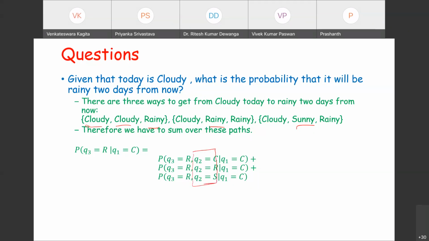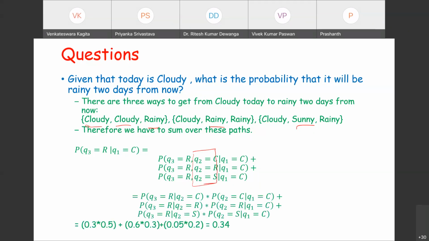So can you compute this? Isn't it equal to probability of Q3 rainy given Q2 cloudy times probability of Q2 cloudy given Q1 cloudy? In a similar way you can compute the other two also, and you would get 0.34. So I'll give some time to look at this and observe this.